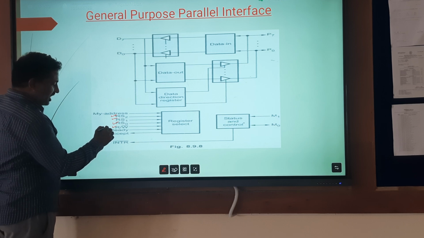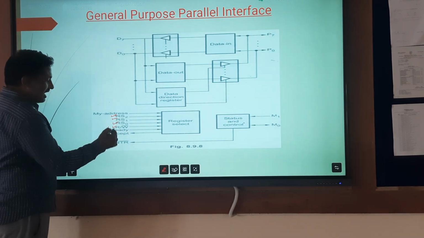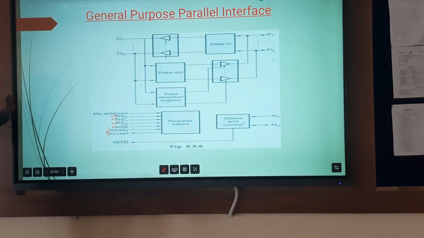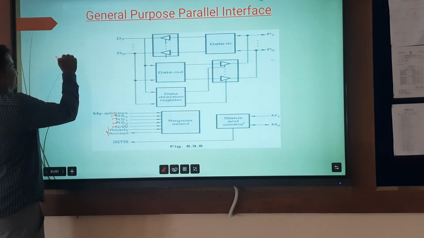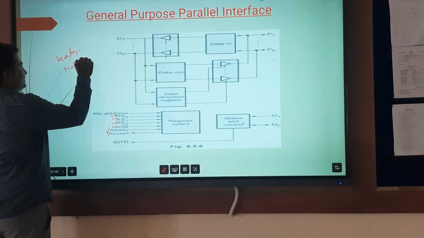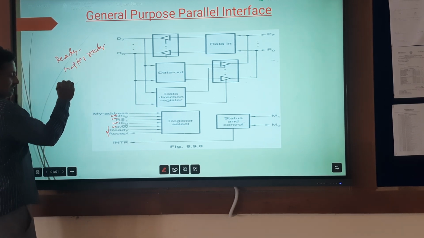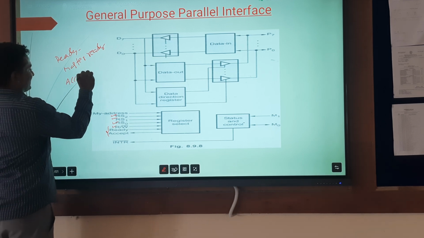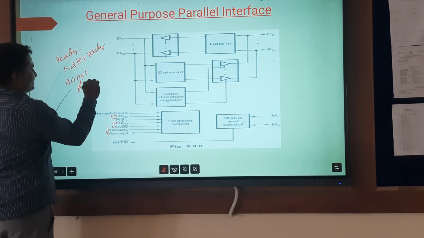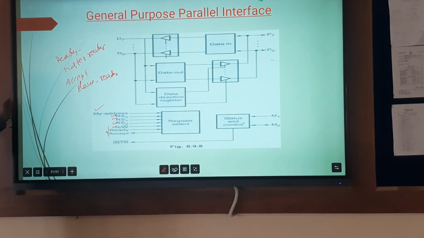And there are 2 handshaking signals. One is the ready signal and the other one is the accept signal. The ready signal acts as master ready, as well as the accept signal acts as slave ready signal, and this is the address.